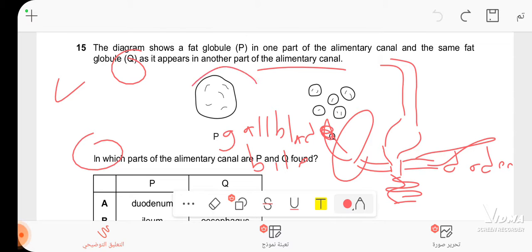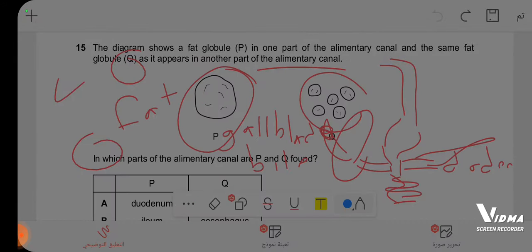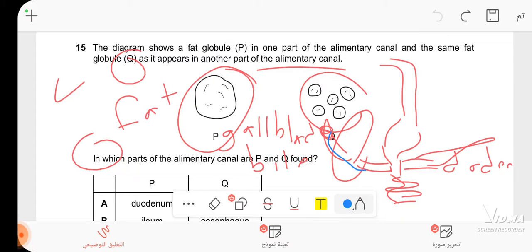As you know, P is a large fat molecule, Q is a small fat molecule. So where will large fat molecules be? Large fat molecules will be found before excretion of bile. Why? Because bile works on fat only.